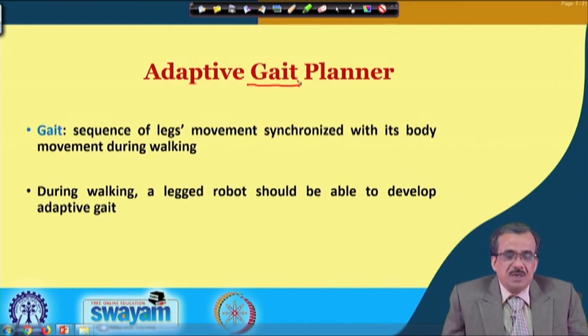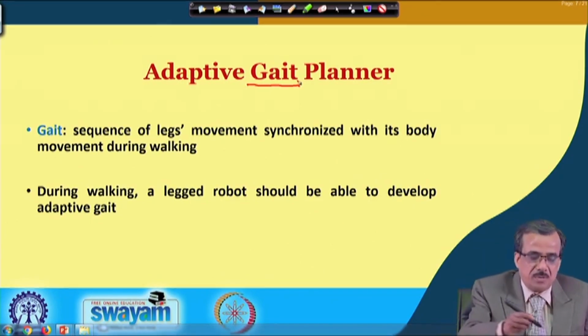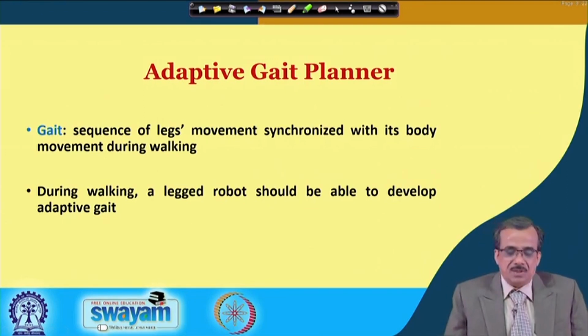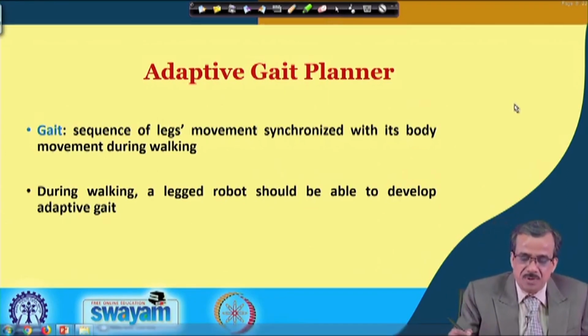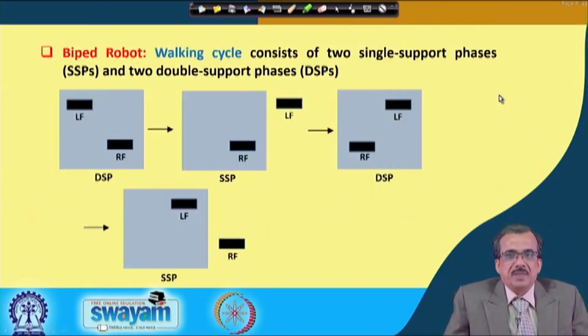Now, let us see how to design one adaptive gait depending on the requirement. During walking, a legged robot or a humanoid robot should be able to design and develop adaptive gaits, otherwise it will not be able to negotiate a particular terrain very efficiently.